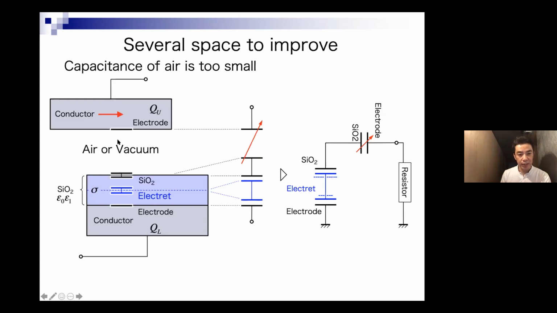But usually the gap between the electrode and the electrode is air or vacuum. So if you want to enhance the capacitance and the total carrier which can be induced at the interface of the electrode, we need to convert this air to something else.